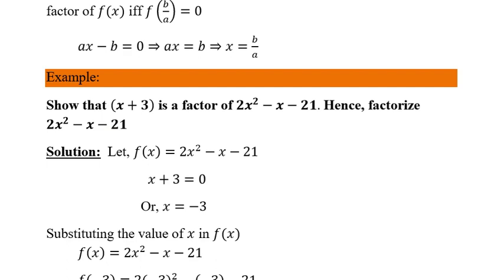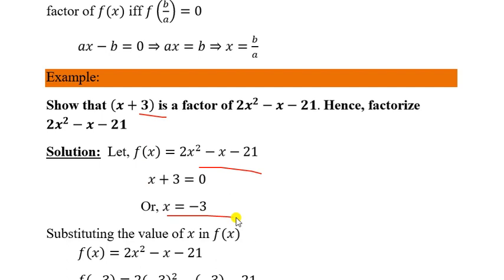By the factor theorem, f of x is equal to our given polynomial 2x square minus x minus 21, and from this you have to find the value of x. See, x equals minus 3. Now we'll put the value of x in our given polynomial.